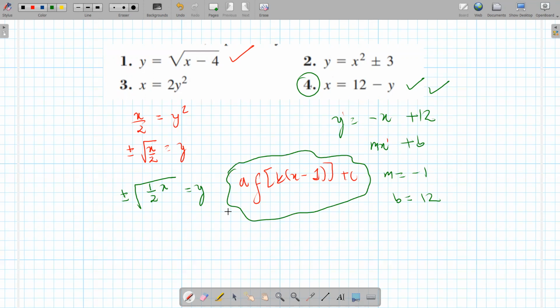A is vertical stretch or compression, yeah? K is horizontal. Everything inside with x is a horizontal stretch or compression, okay? Now notice inside you have 1 over 2. You'd expect it to be a horizontal compression, but since it's k, this is a horizontal stretch by a factor of 2. Okay.